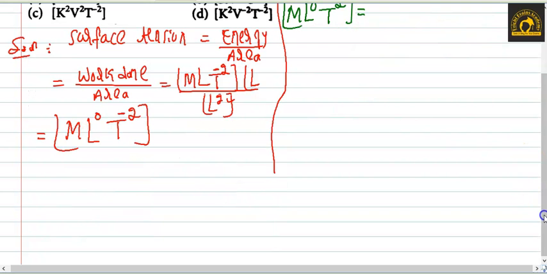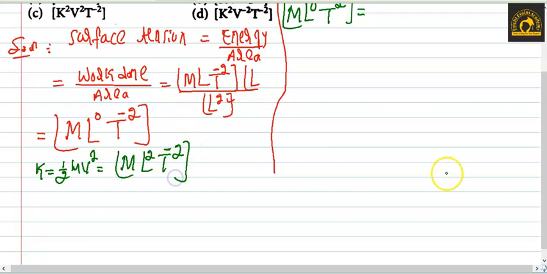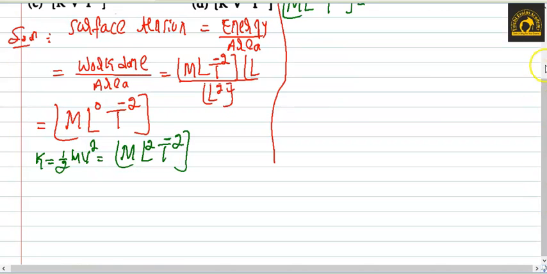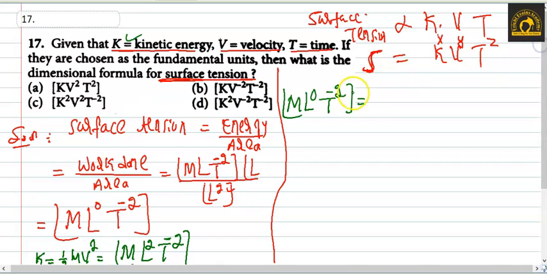So what is the dimensional formula for kinetic energy? The kinetic energy is equal to half m v square. So the dimensional formula is M L2 T minus 2. That is the dimensional formula for kinetic energy, M1 L2 T minus 2.